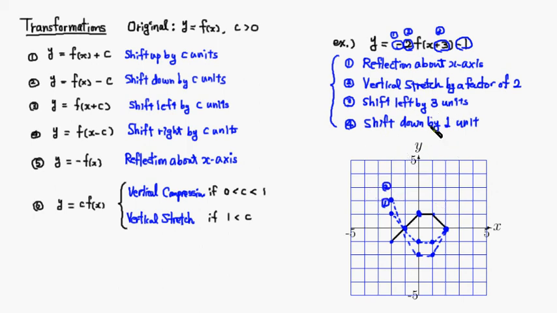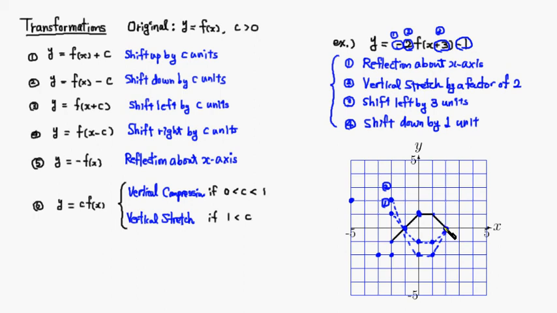Then the third transformation, we need to shift the whole thing to the left by 3 units, right? So let's look at this point. This is going to go 1, 2, 3. So it's going to end up here. This point is going to get shifted 1, 2, 3 units to the left. And this is going to get shifted 1, 2, 3 units over here.